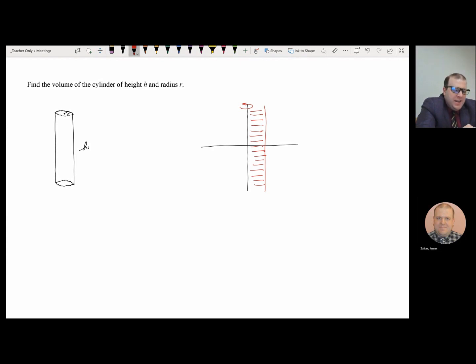You take that region and rotate it about the y-axis. You see you get a right circular cylinder.